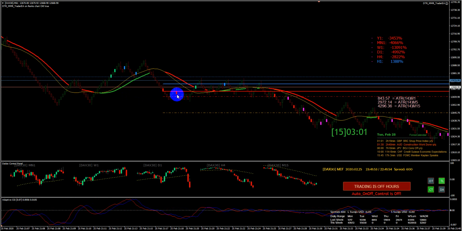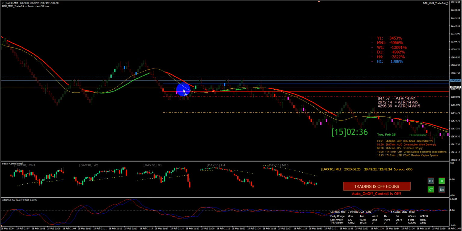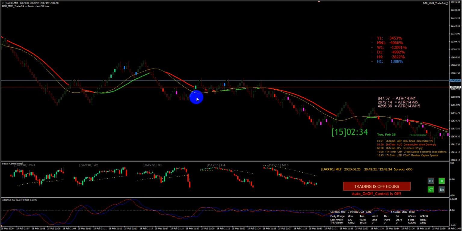We go in short right there, and we got to take a stop loss. But then the market revisits this level a couple of times, like 3 times, 4 times, right? So the stop loss shouldn't be there. The stop loss should be higher, somewhere right there, yeah.